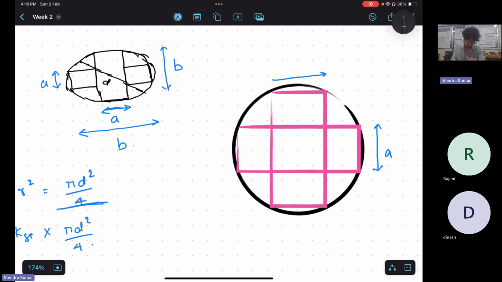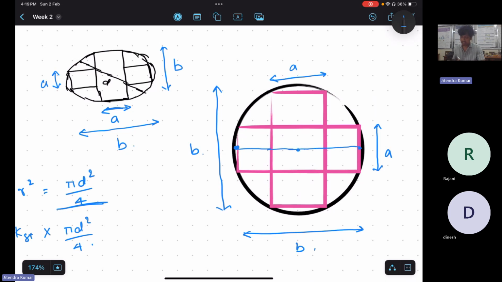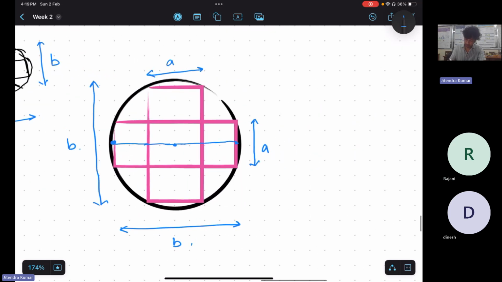A, A, this entire is B, this entire. So B, can we call it equal to the diameter of the circle, right? So B we should replace with D, since it is the diameter of the circle.